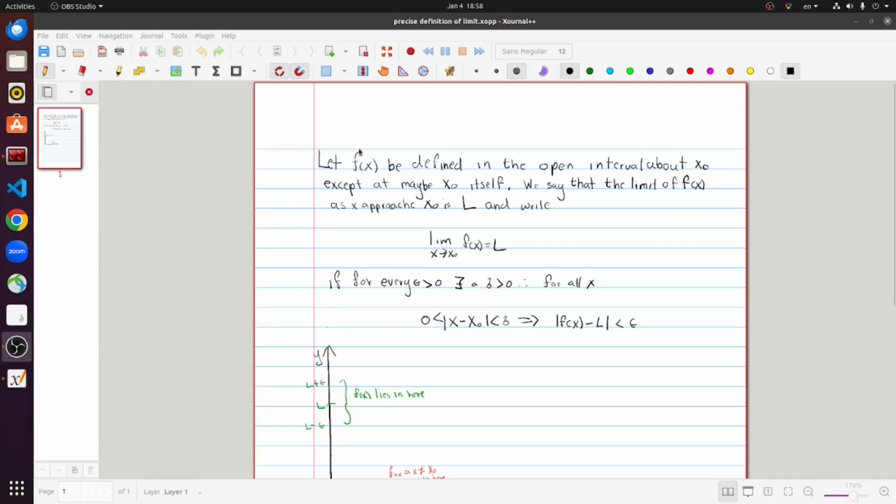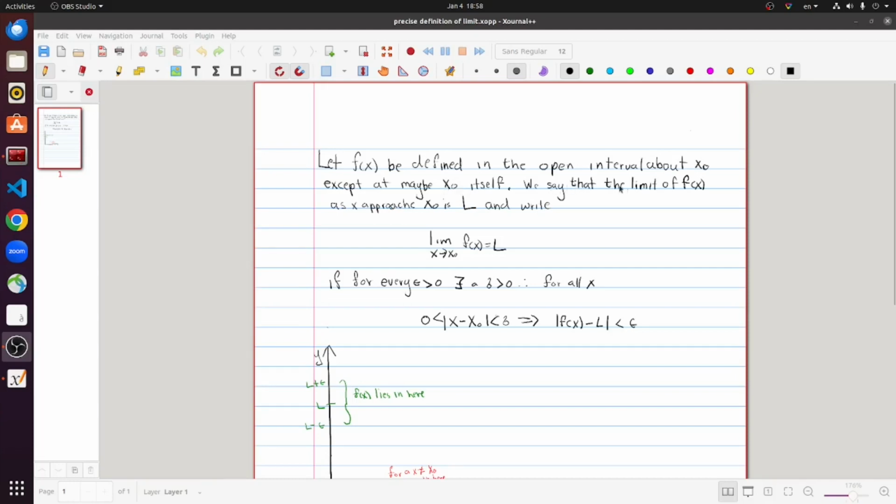So that's basically this. Let f of x be defined in the open interval about x0, except that maybe x0 itself. This is important. Okay, so we care about the values about x0, but we don't necessarily care what the value is at x0.